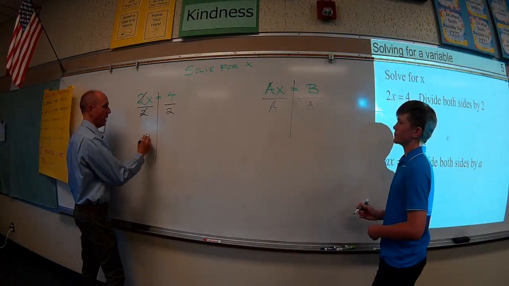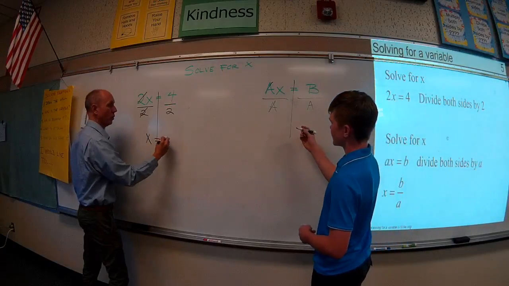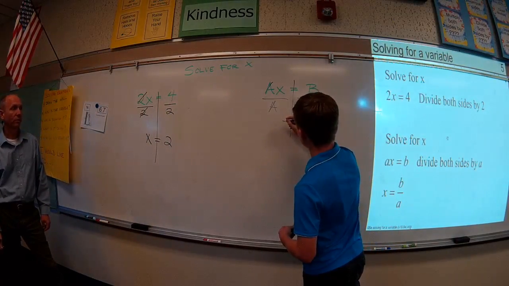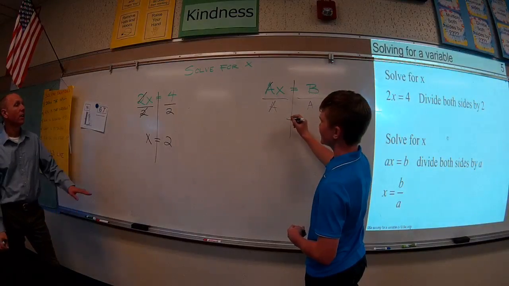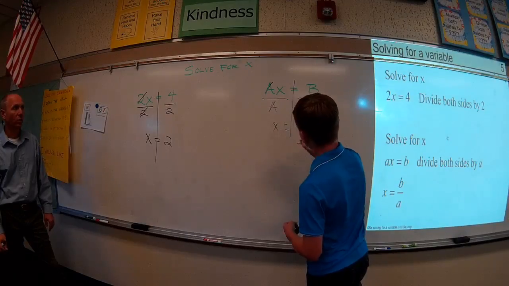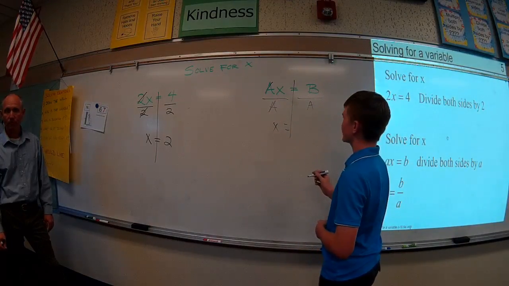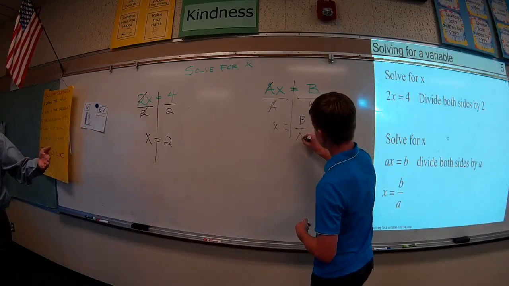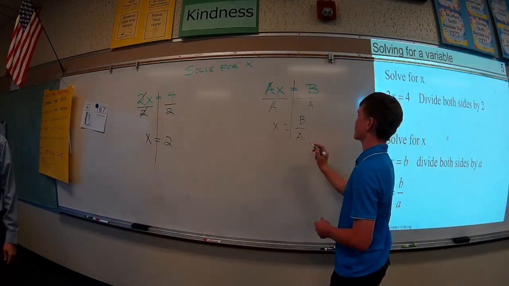And I'm left with x equals 2. You're left with x equals b over a. Since you can't actually simplify yours, you just leave it as b over a. You just solve the equation.